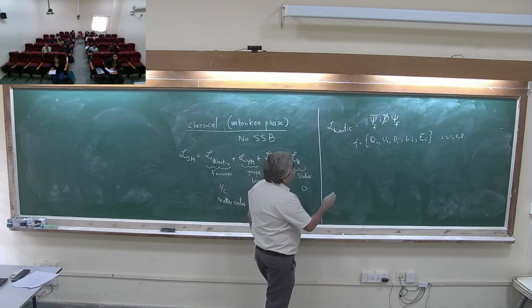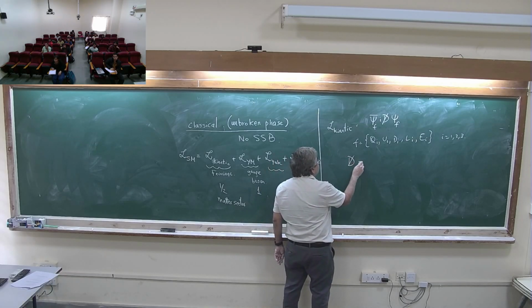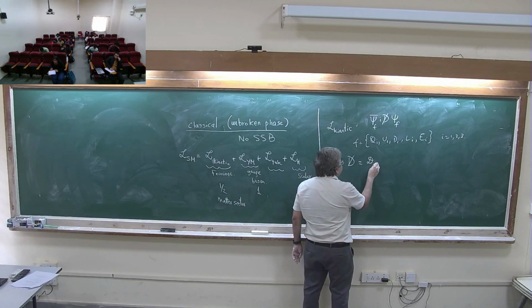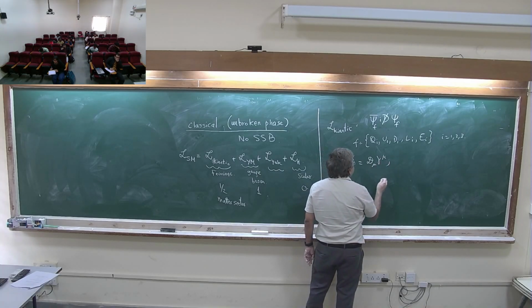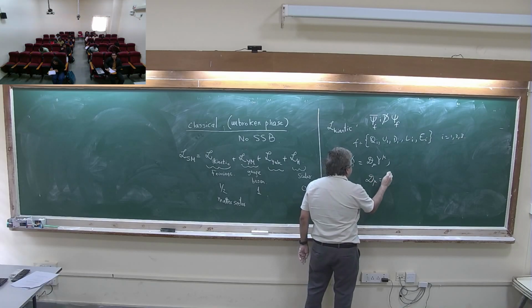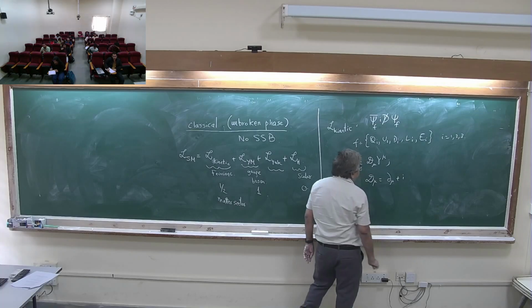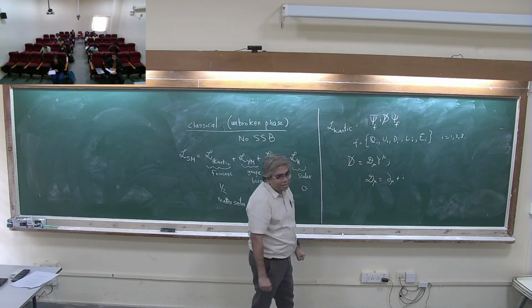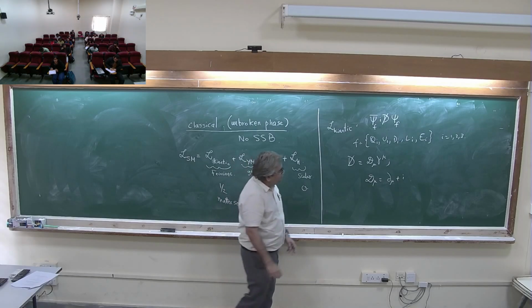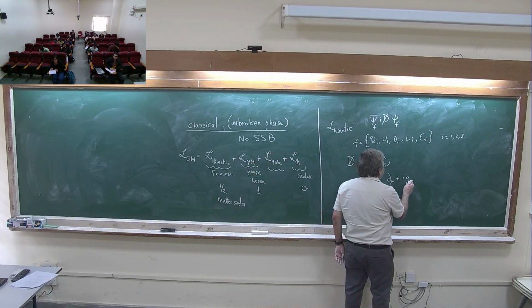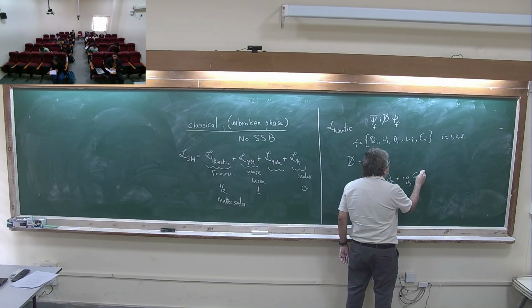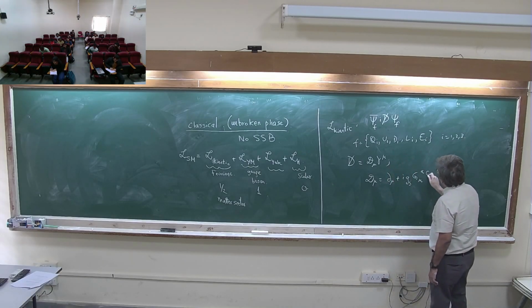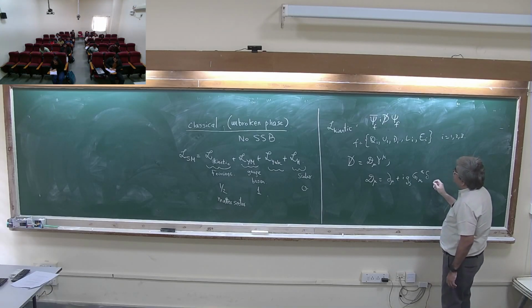Now here we have to specify what D-slash is. Here I use one more compact notation: i g_s G_mu^A, and here I put a delta such that it is only for quarks.